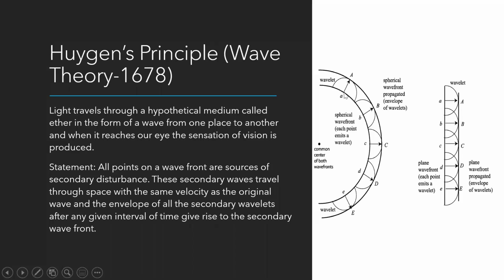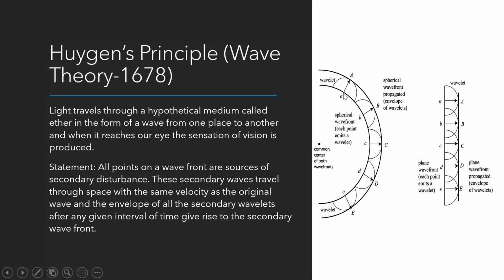Now, all the points on the wavefront are sources of secondary disturbances. In Christian Huygens principle, this is a theoretical principle, he assumed that all the points on the wavefront will act as a source of light.